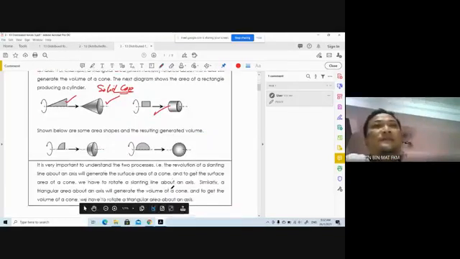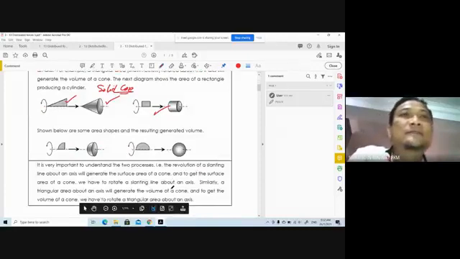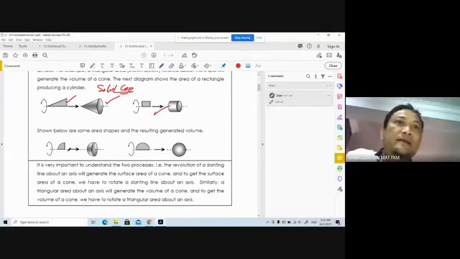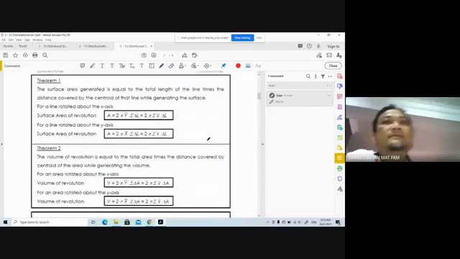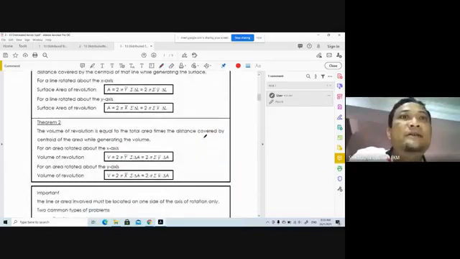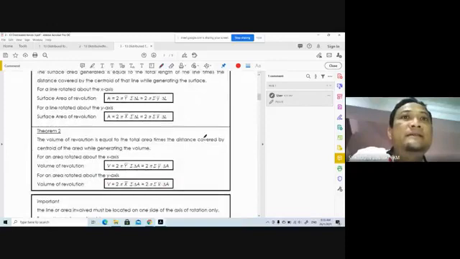So if you have a quarter circle like this and you rotate it, you will get a half circle, a hemisphere. Then we have these equations. How to get the area?